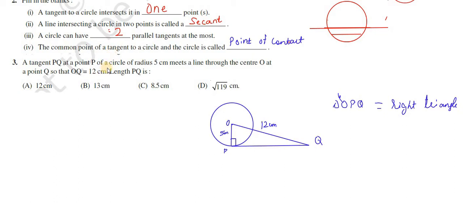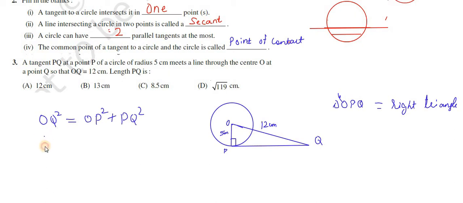The Pythagoras theorem states that the square of the hypotenuse is equal to the sum of squares of the other two sides. OQ is the hypotenuse. So according to Pythagoras theorem, OQ square is equal to OP square plus PQ square.